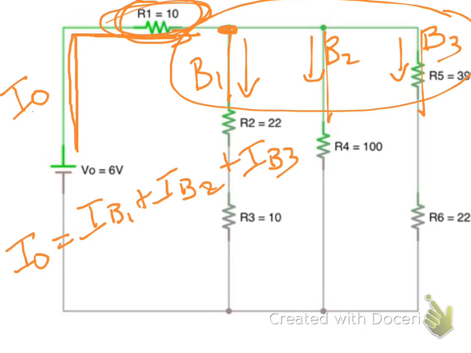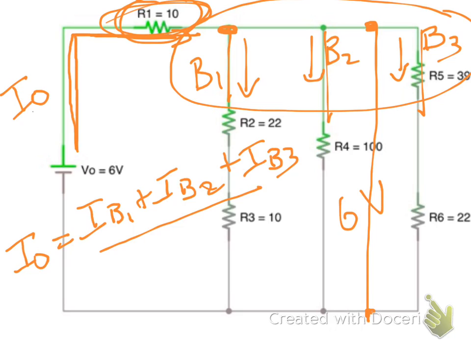The reason that we have to keep adding those is because when we go from one side of a branch all the way to the other side, in this case it's going to be 6 volts. So 6 volts are going down branch 1, 6 volts are going down branch 2, 6 volts are going down branch 3.